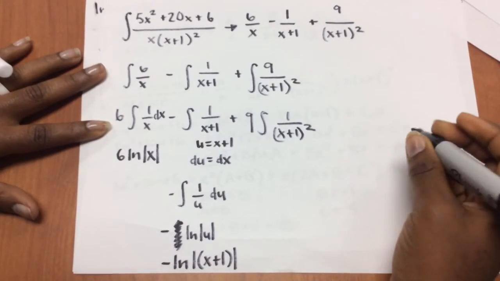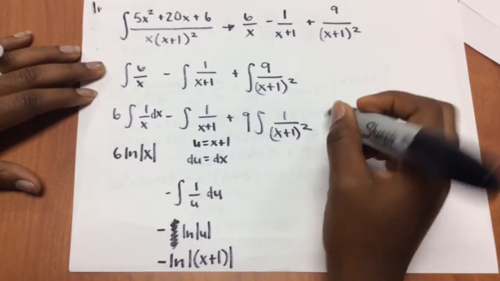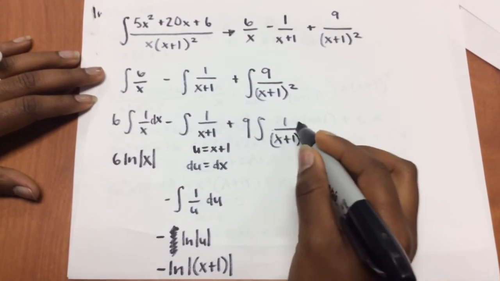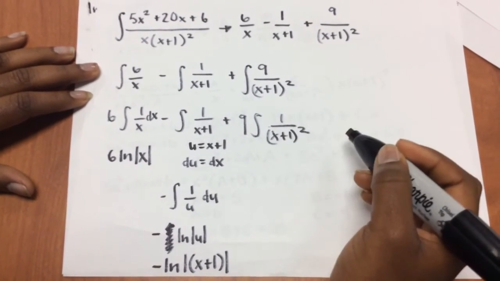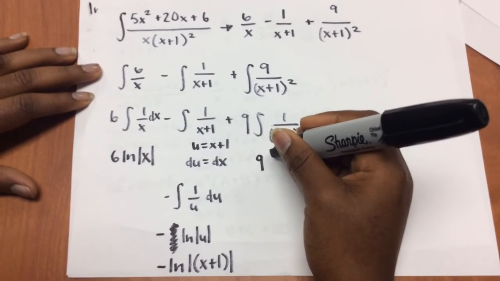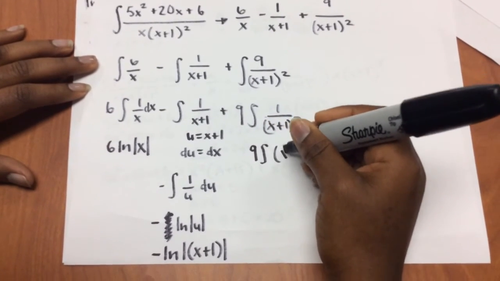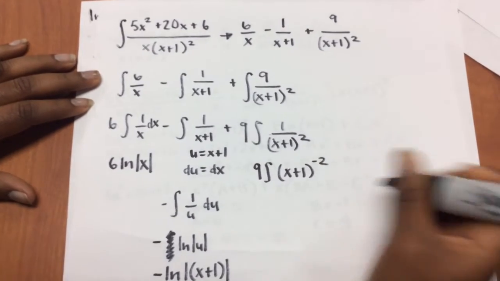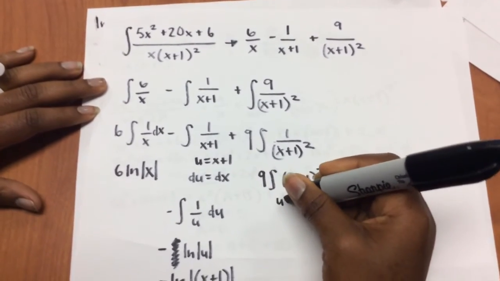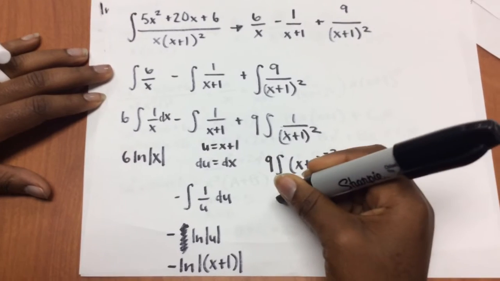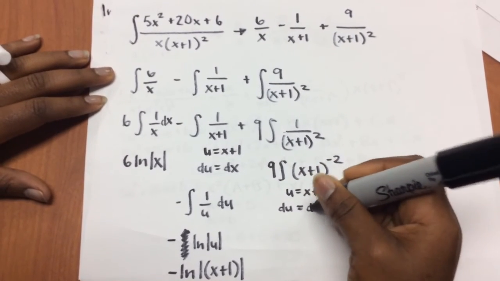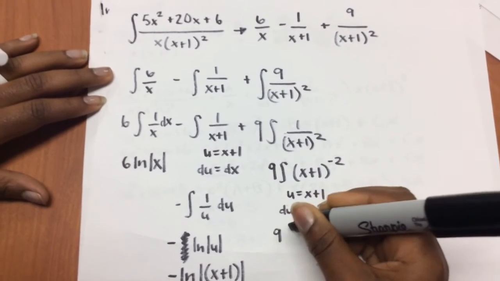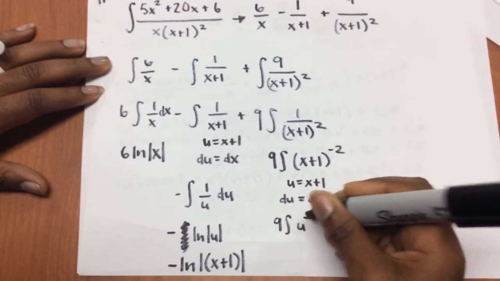For this one, recall that when you have something raised to a power and a 1 on top, we can just view this as 9 times the integral of (x plus 1) to the -2 power. And then from here we can do a u-sub, u equals x plus 1, du equals dx, 9 times the integral of u to the -2 power.